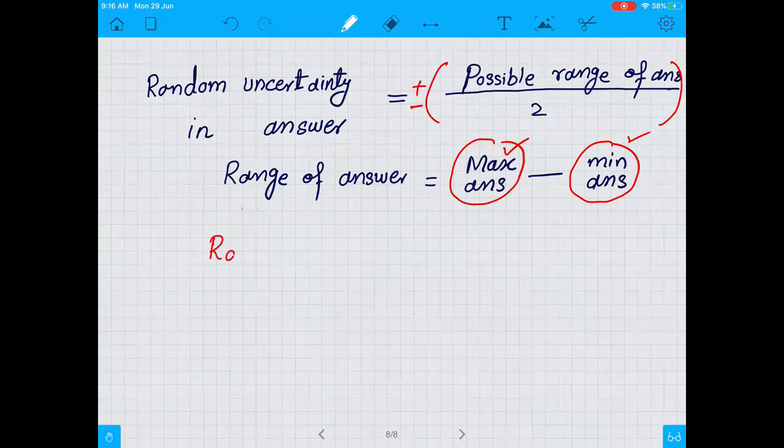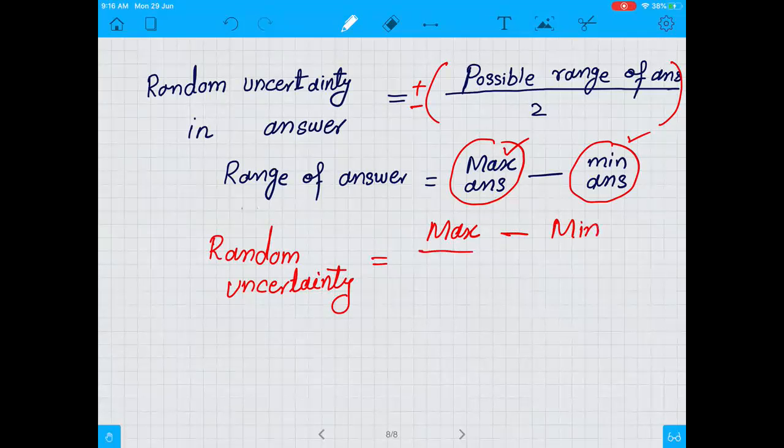So in simple words, random uncertainty in the answer of a calculation would be the maximum possible value minus the minimum possible value whole over 2, and the sign would be plus minus. Now let's solve an example for that.